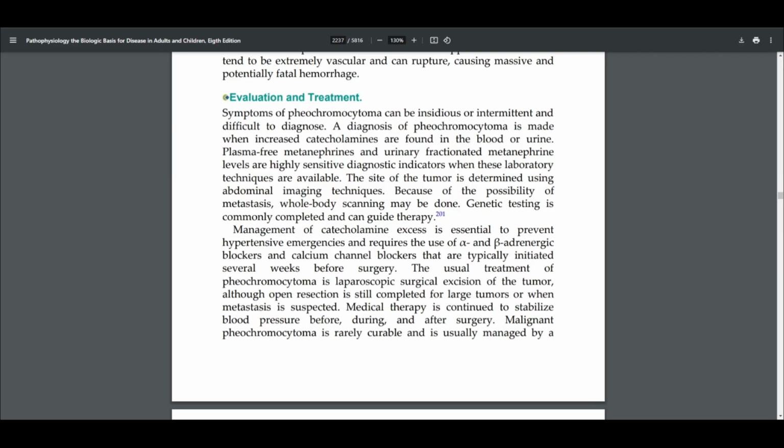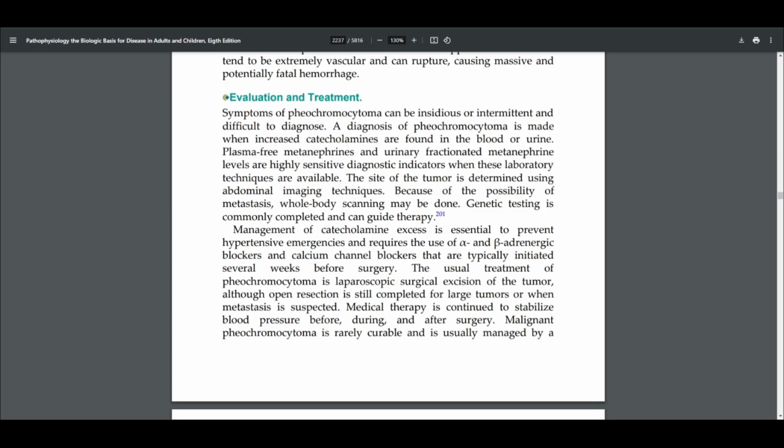Management of catecholamine excess is essential to prevent hypertensive emergencies and requires the use of alpha and beta adrenergic blockers and calcium channel blockers that are typically initiated several weeks before surgery. The usual treatment of a pheochromocytoma is laparoscopic surgical excision of the tumor, although open resection is still completed for large tumors or when metastasis is suspected.